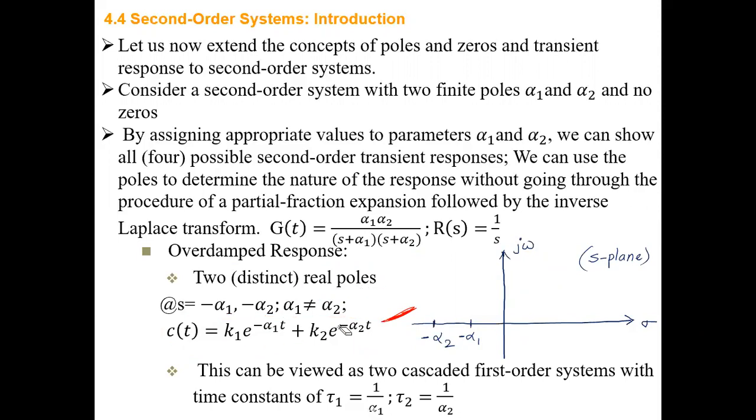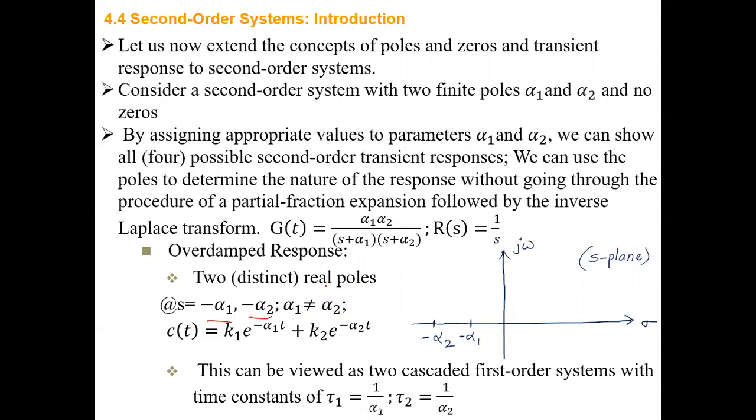So negative alpha 1 and negative alpha 2, so that they are not equal. If they are equal, there is a different story, and we will do that too. For now, alpha 1 and alpha 2 are not equal, and both of them are real.